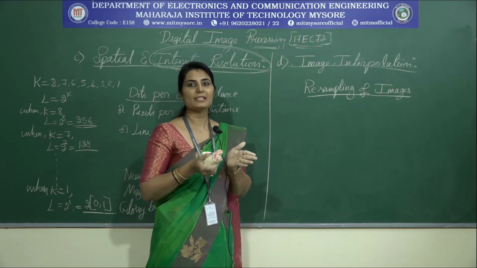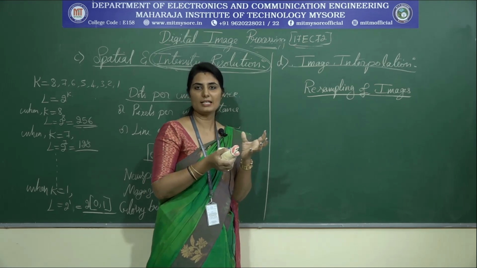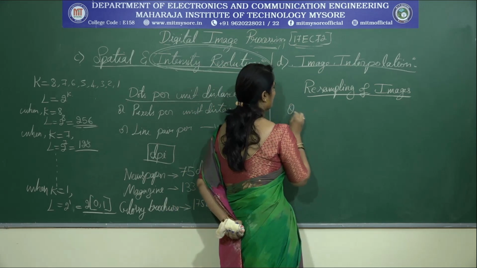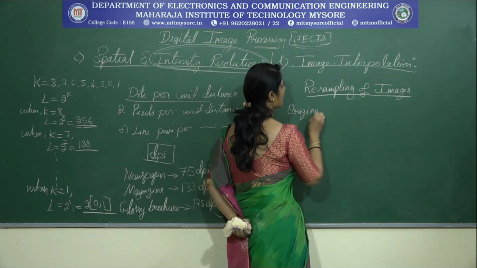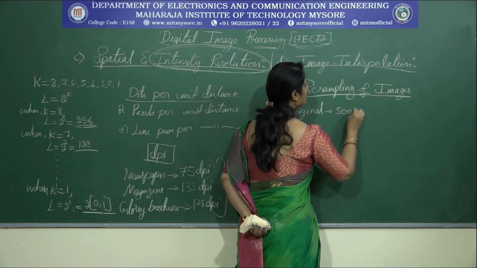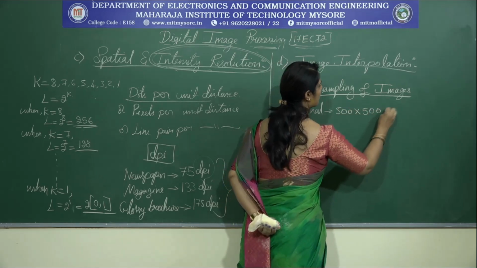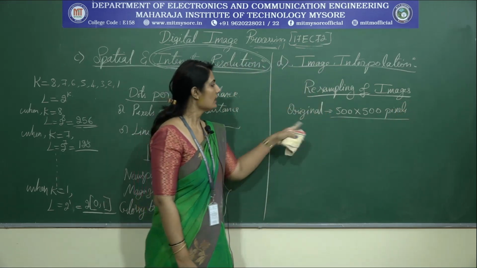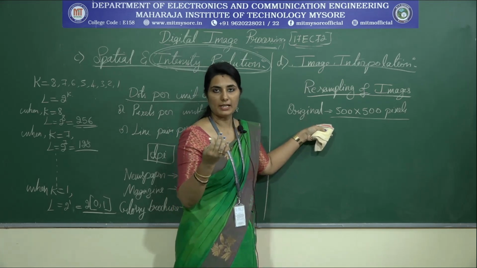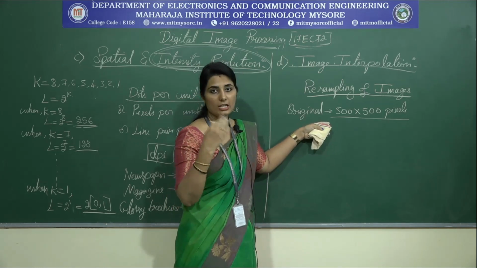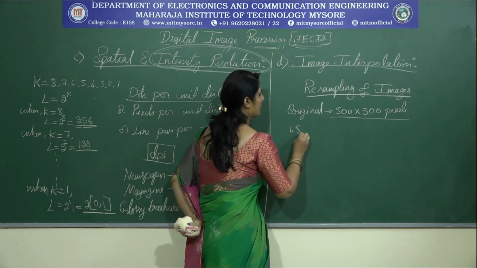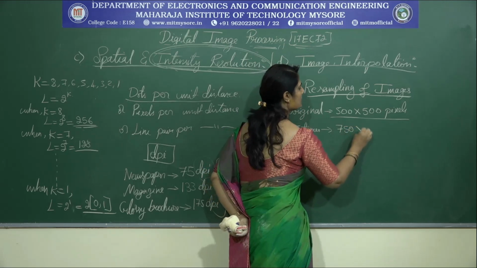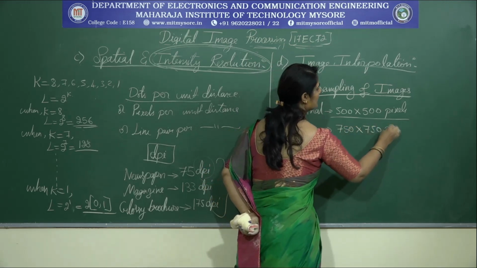That means the number of samples which we have considered in the original image should be varied. For example, if I consider an original image of 500 cross 500 pixels. Now this is the original image. Now I want to zoom this image, or enlarge this image 1.5 times, and convert it into 750 cross 750 pixels.